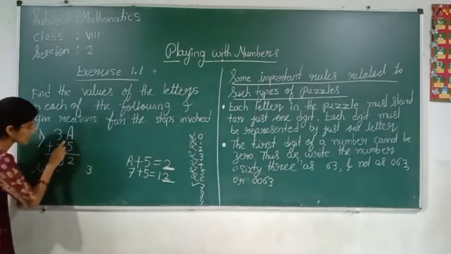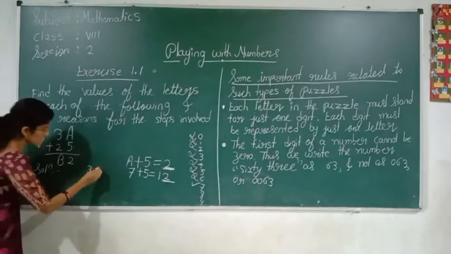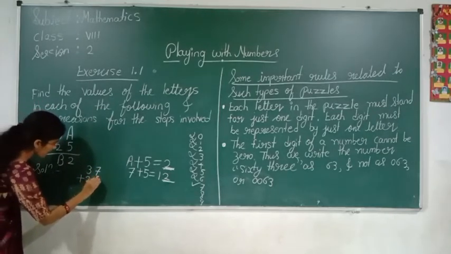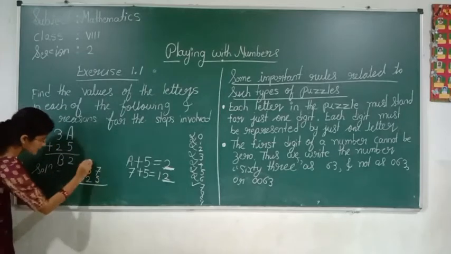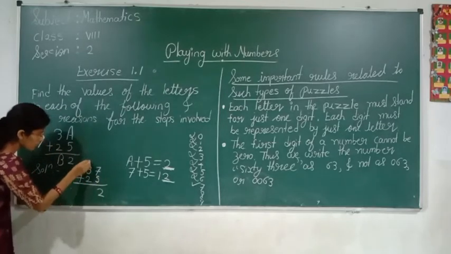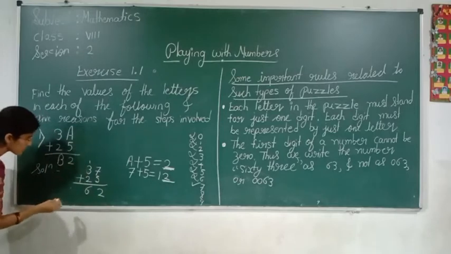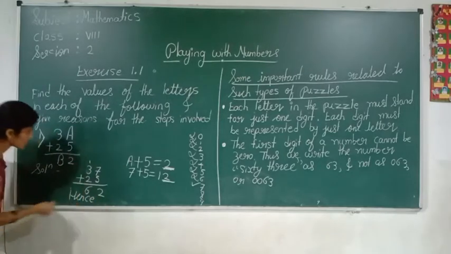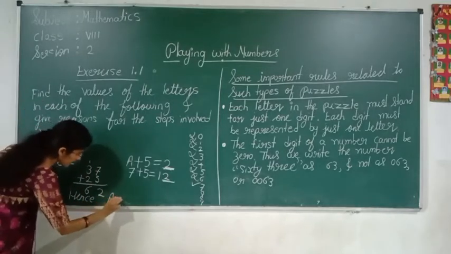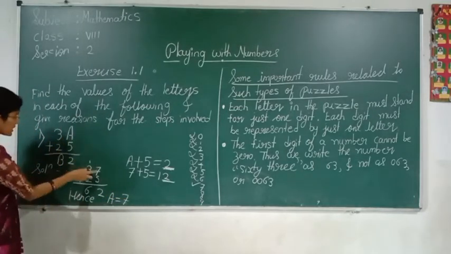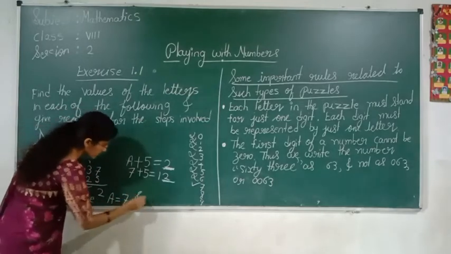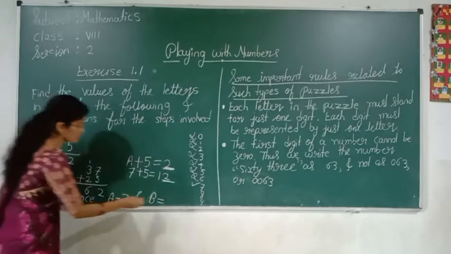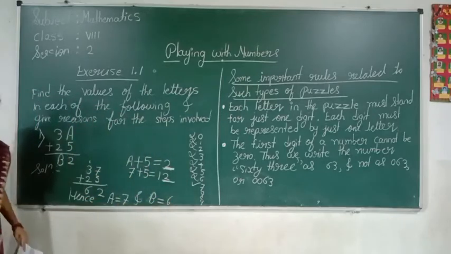A value you can write as 7, plus 5, 7 plus 5 is 12. Hence, what I can write? A is equal to 7, B is equal to 6.